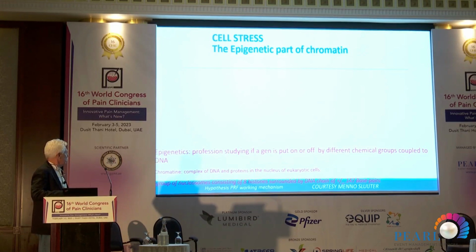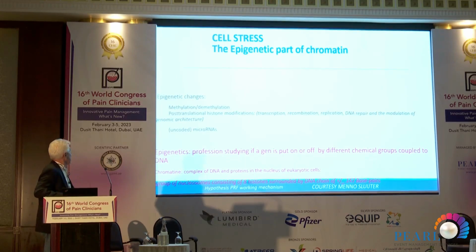And chromatin is a complex of DNA and proteins in the nucleus of the eukaryotic cells, and that means it consists of nucleosomes consisting of 8 histones surrounded by the DNA chains. So that's the basic. And epigenetic changes, what is changing then? By methylation or demethylation and post-translational histone modifications and encoded microRNAs.